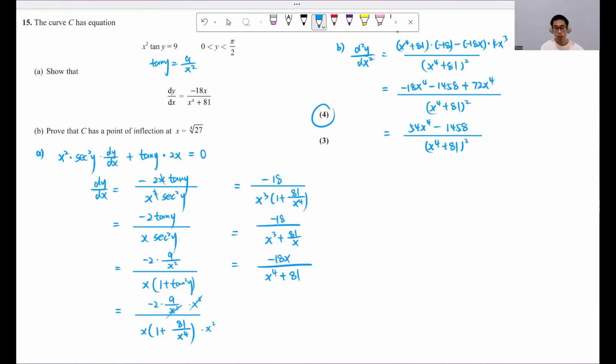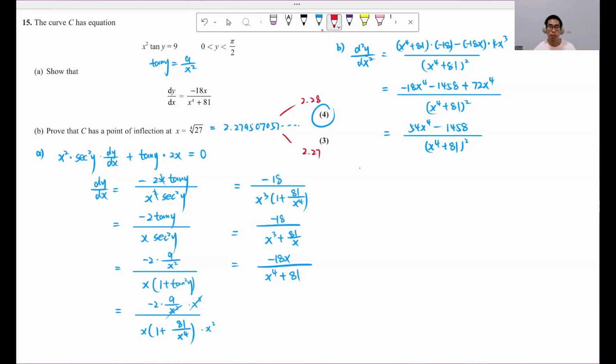So the fourth root of 27, if we change into decimal, that would be 2.279507057. So a value which is slightly bigger, we can use 2.28, and slightly smaller, that would be 2.27. So we just have to substitute both values into the second derivative to see whether there's a sign change or not.